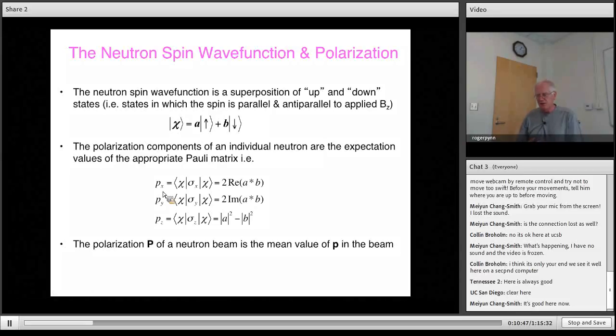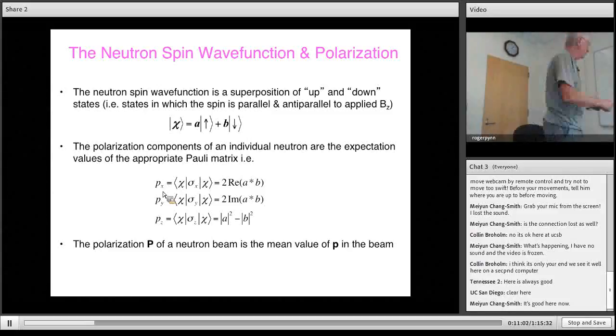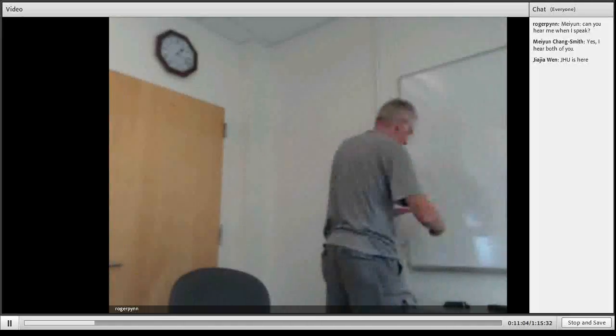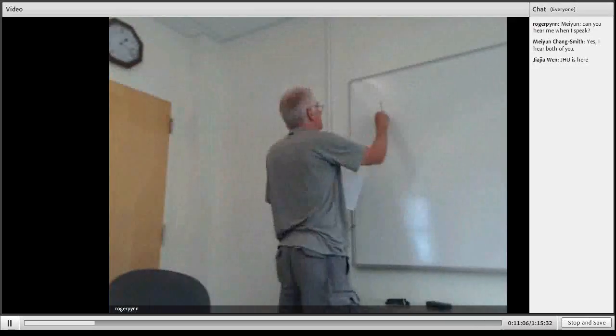Now, it turns out that's not a very useful quantity, but for the moment let's just make sure that we know how to do it, and we'll come back to why it isn't useful in a second.